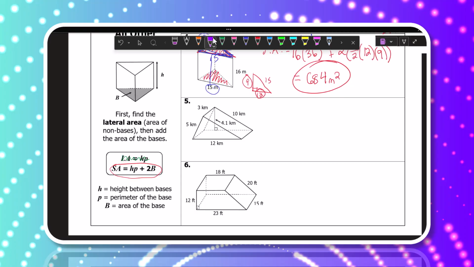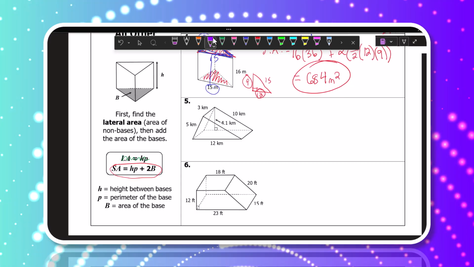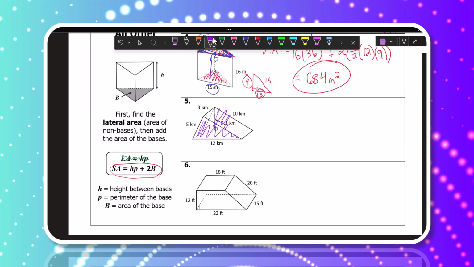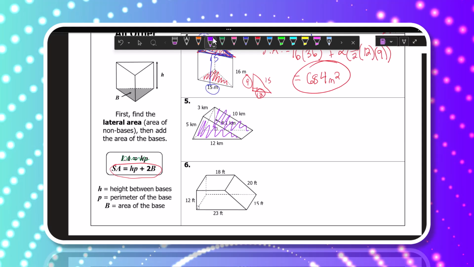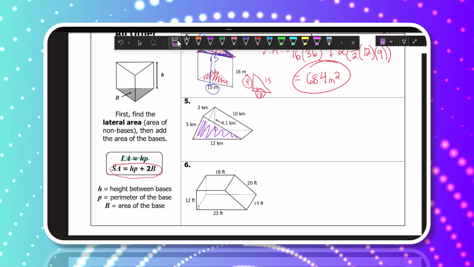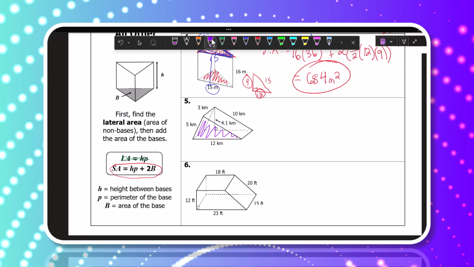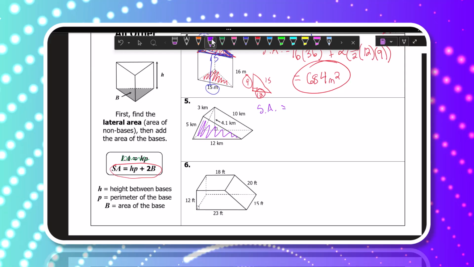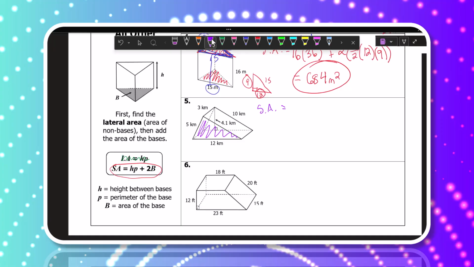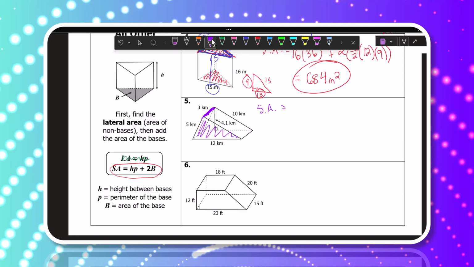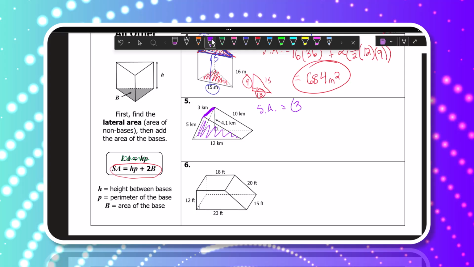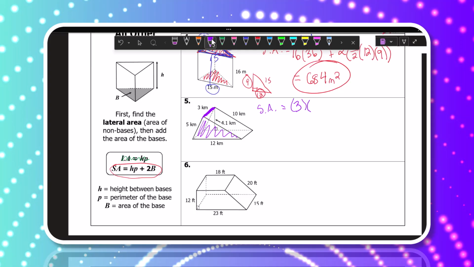So if we look at number 5, the 2 bases that are parallel and congruent are the front here and the back. Now, because that's kind of crazy, I'm going to erase the back one. So surface area is the height, which is the length that connects the 2 bases. So it's here. So it's 3 times the perimeter of the base.